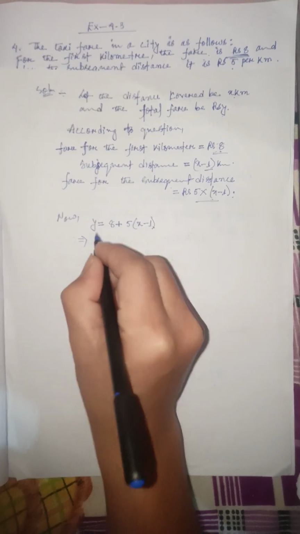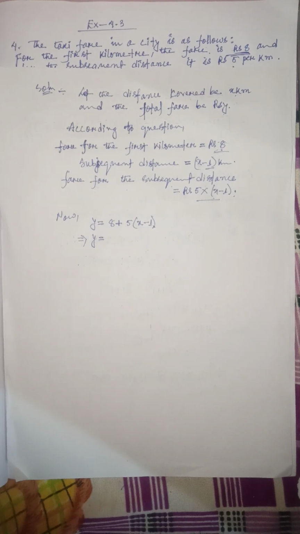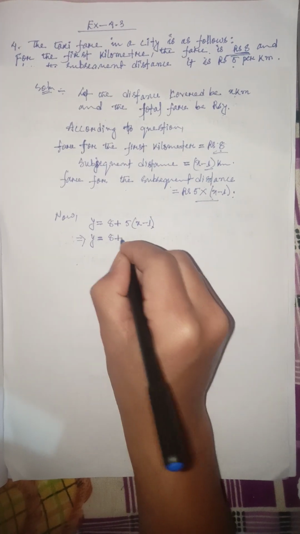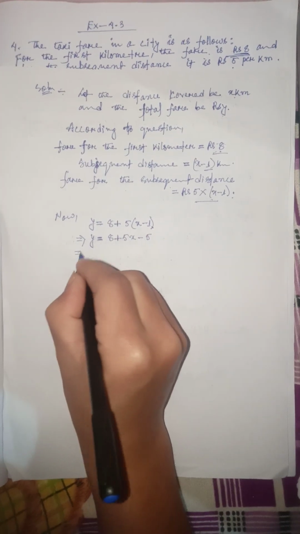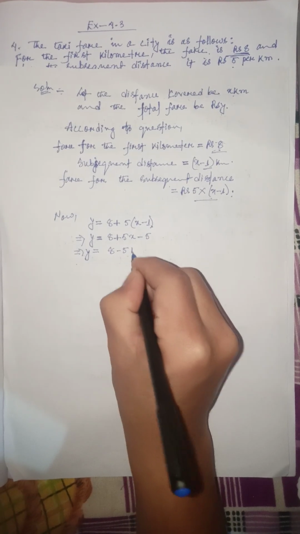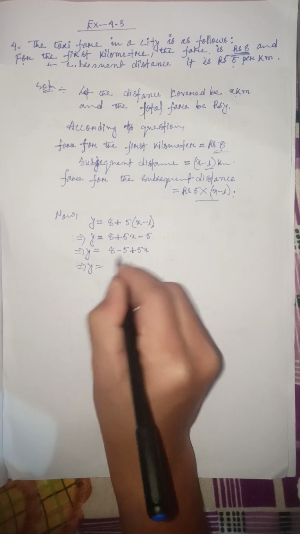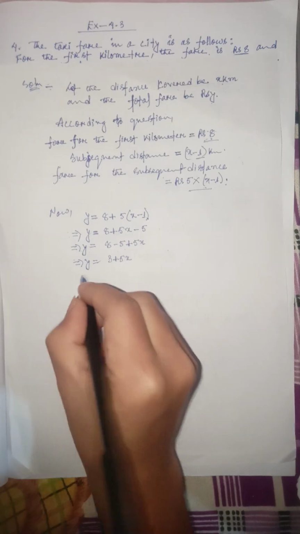Now, let us solve this, and whatever equation we get will be the required linear equation. It will be y equals 8 plus 5x minus 5, and after that, if you subtract 5 from 8, it gives you 3, so y equals 5x plus 3, right?